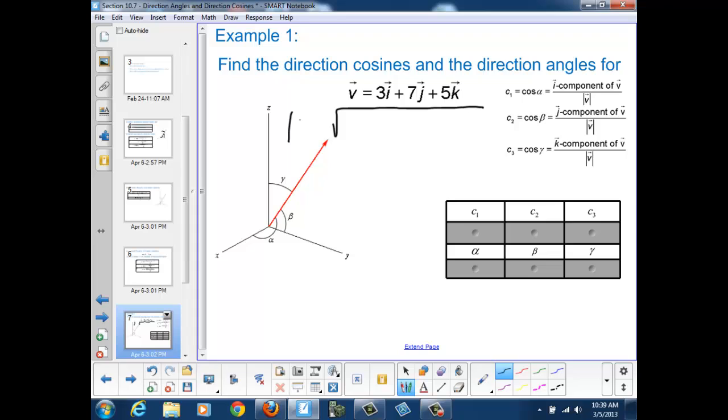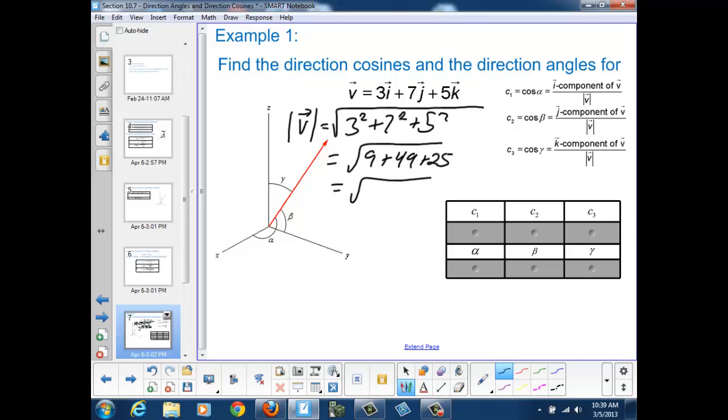The magnitude of V will be the square root of 3 squared plus 7 squared plus 5 squared, which is 9 plus 49 plus 25, which turns out to be 34 plus 49, 83.